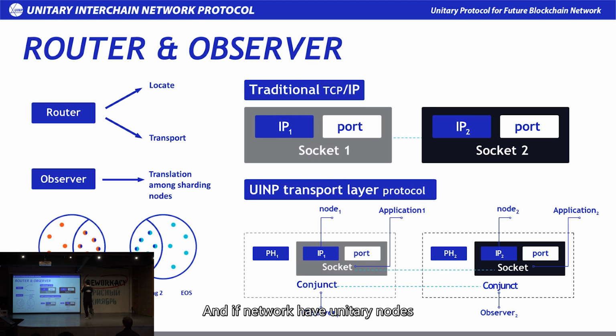And if a network has unitary nodes, then it becomes possible to recognize cross-chain transactions from one network to the other. If this process happens, the two networks can communicate with each other by the algorithm we call binary translation.